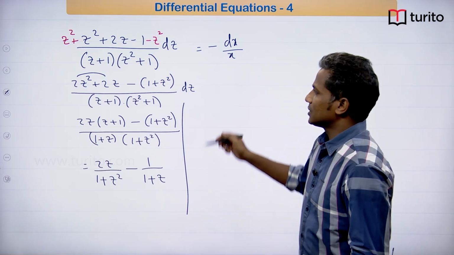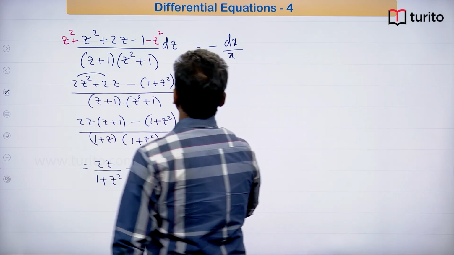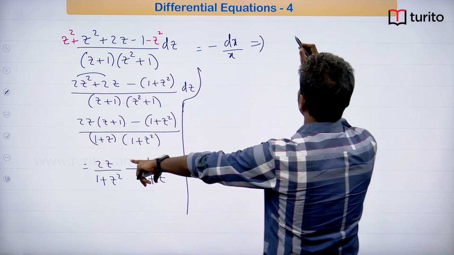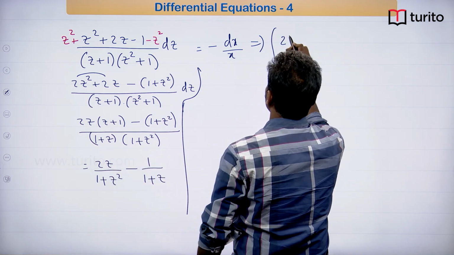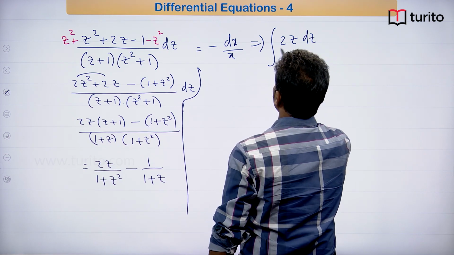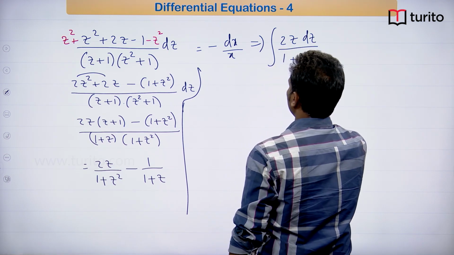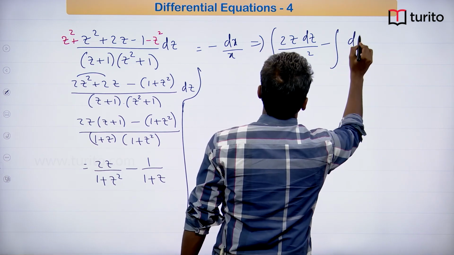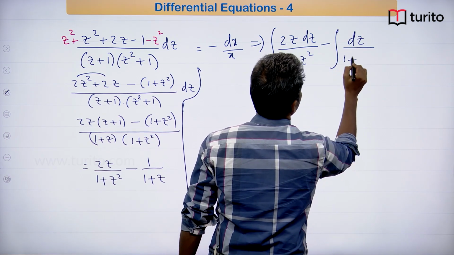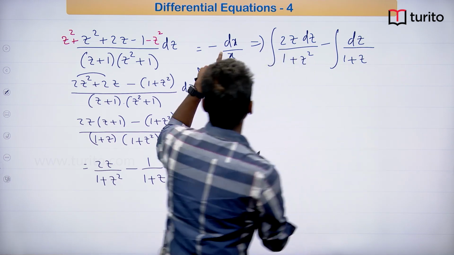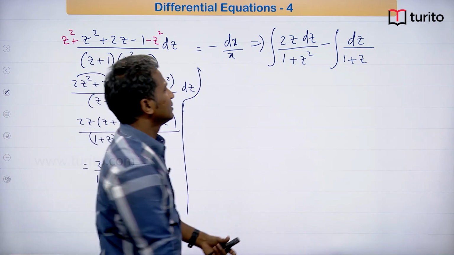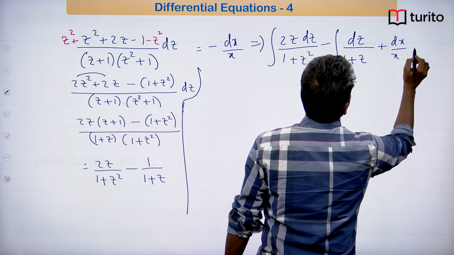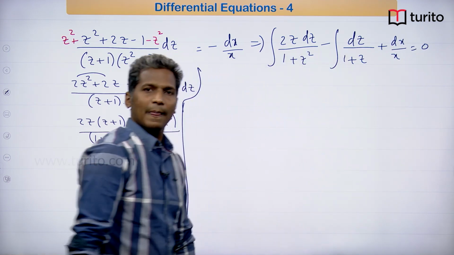Now, how do we proceed with the integration? Let me write these steps. We are going to get the integral of 2z dz by 1 plus z square, this is the first term, minus the integral of dz by 1 plus z, and in the RHS we have minus dx by x. If I put it in the LHS, it becomes dx by x and the RHS is 0.